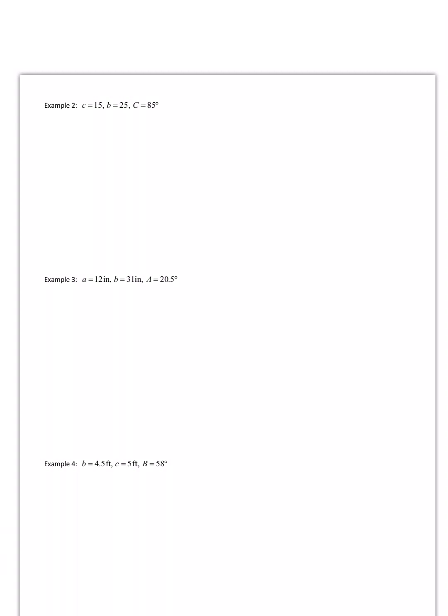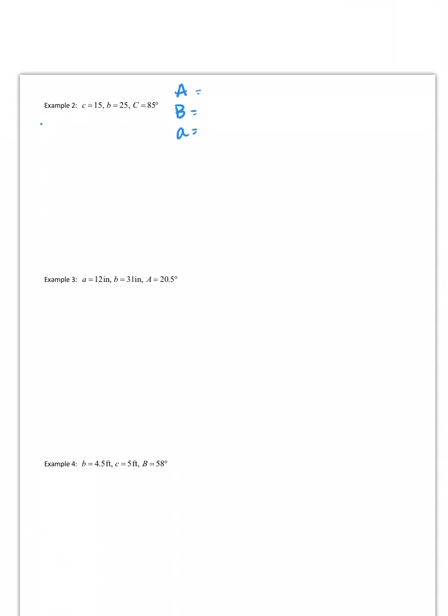All right, we're going to start by just looking and seeing what we need to solve here. We need to find big A, big B, and it looks like little a. Okay, we only have one angle, so it's ambiguous. We're going to have to do some investigative work here. But let's start with what we know.